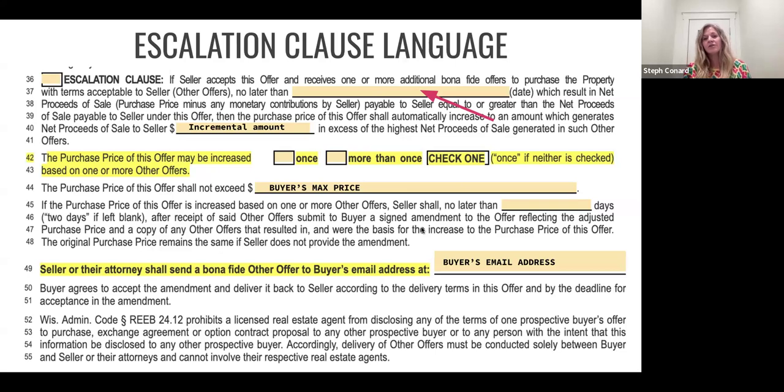I might give the seller, you know what, you can receive offers through tomorrow, and my escalation clause will still count on any offer that you receive tomorrow. You might want to make it the same day. So if you receive any more offers today, then I am open to being bumped up. But let's say you receive an offer after this date, then this escalation clause no longer applies.